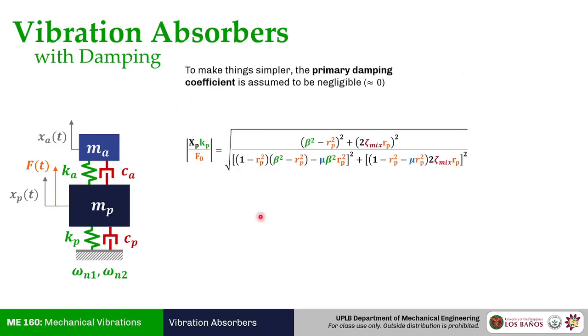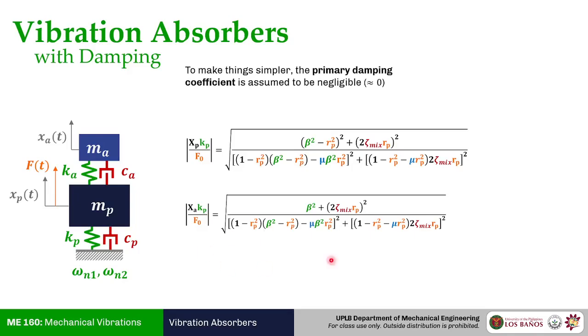This is our primary magnification with damping, and this is our absorber magnification with damping. So it's a lot more complicated. How did we derive this? You can check the appendix of chapter 8. I do not expect you to understand that mess of a derivation, but just know that we end up with this particular curve.